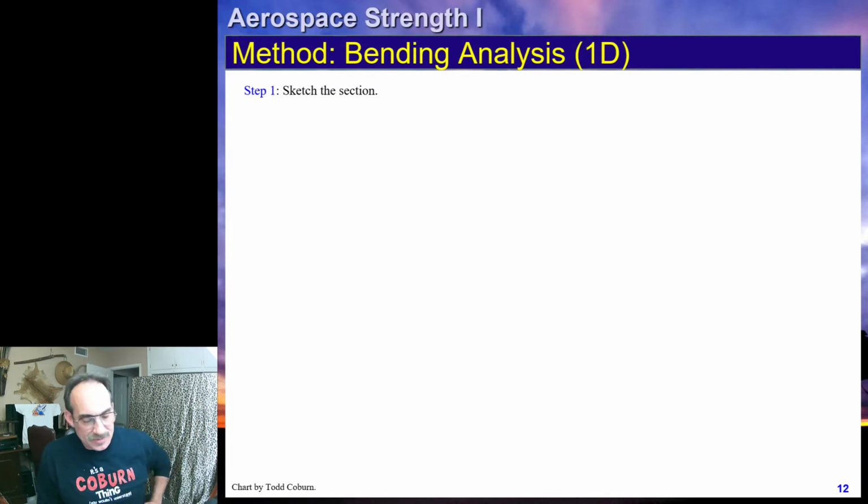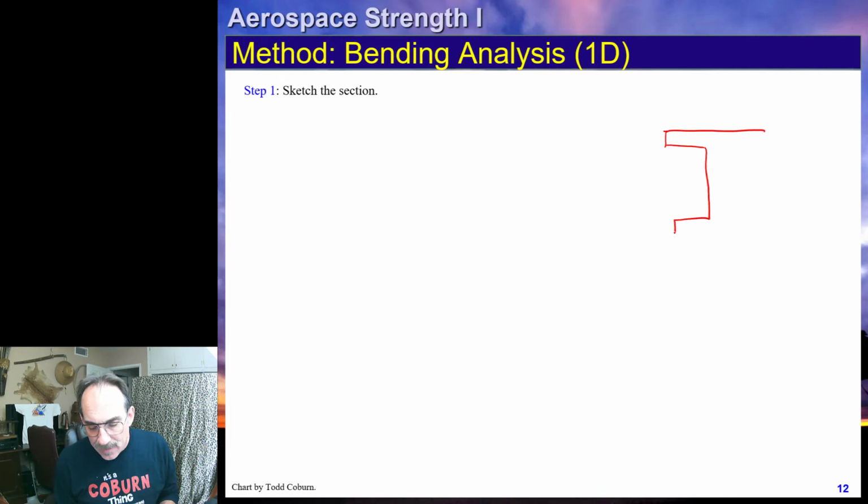First, we're going to sketch the section. For example, if we had an I section, or a Z, let's say it's a J section, we'd start out by carefully sketching the section, and it would also make sense to dimension the section. So we dimension the section, let's say this is 1 inch, and this is 5 inches.